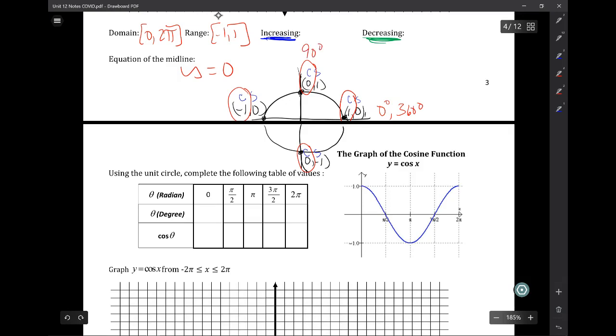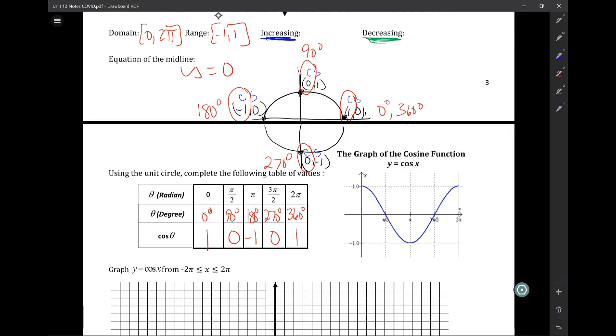This was 90 degrees, this was 180 degrees, and this was 270 degrees. 0, 90, 180, 270, 360. So going around our circle, starting at 0 degrees, cosine was 1, 0, negative 1, 0, and 1. So it starts and stops at the same value.